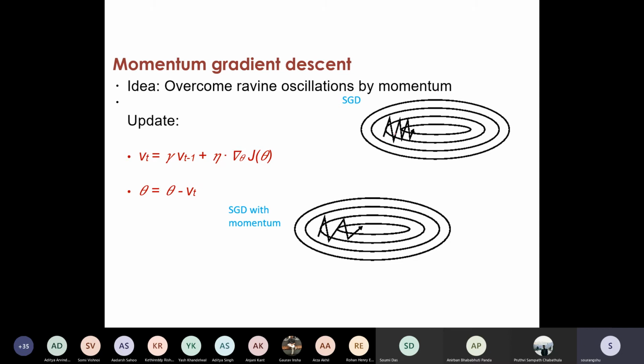You see that in the x direction you have to travel a long distance in order to achieve the minimum. But in the y direction, even if you travel a little bit, you achieve the minimum. So you not only achieve the minimum, you overshoot it, and you get this kind of zigzag pattern.